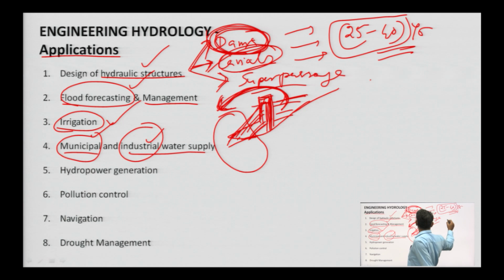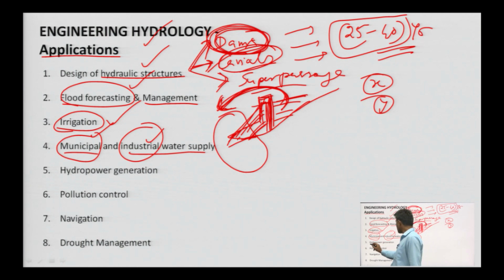Say X is the quantity of water required from industry, and suppose Y quantity of water is required from the municipality. Then from where that water will be available, that is the part of hydrology.